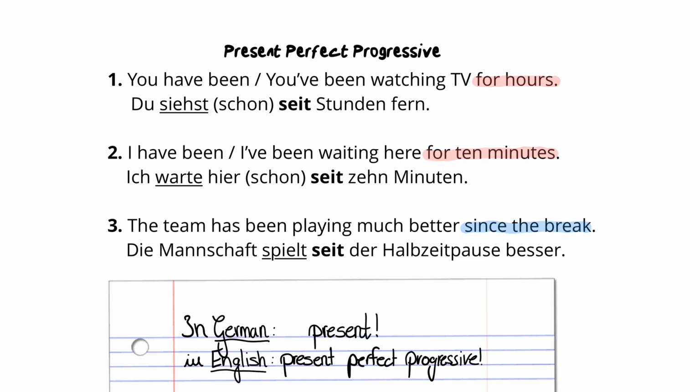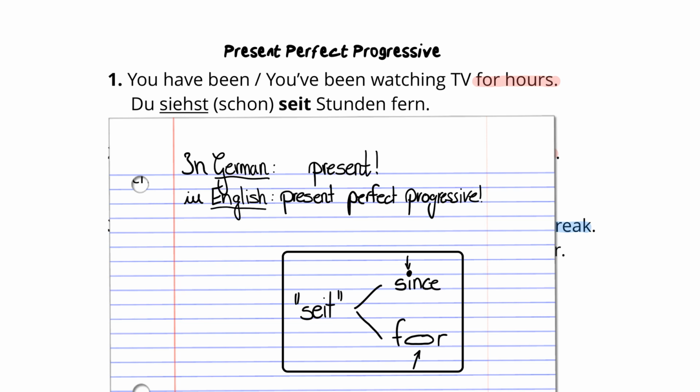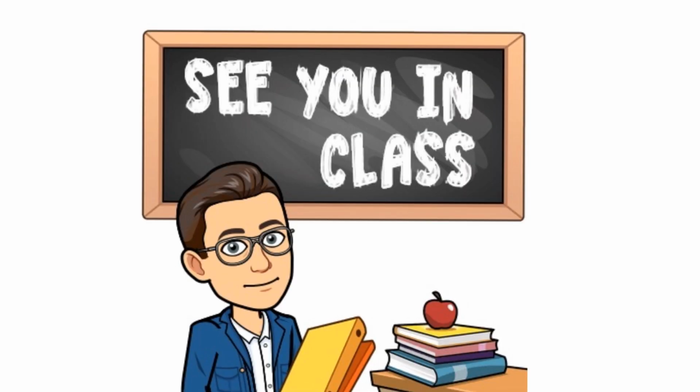So be careful when you come across the word seit in German and have to translate it into English. In this case, whether it is a point or period in time in the past, so that you can use since or for.